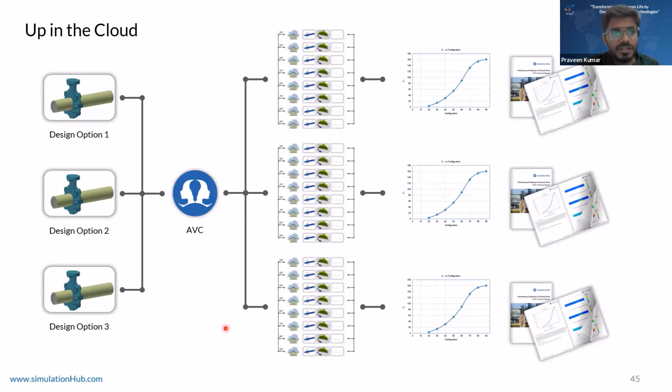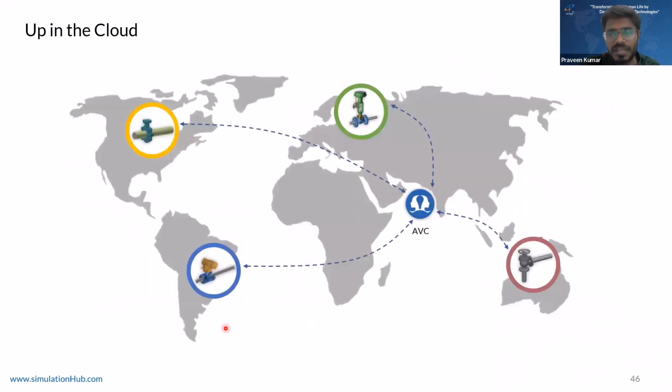Another advantage of being a cloud and web application is that your team might be sitting in different geographies and working on different new product developments. Your company might be working on a globe valve, a ball valve, or a butterfly valve at the same time.